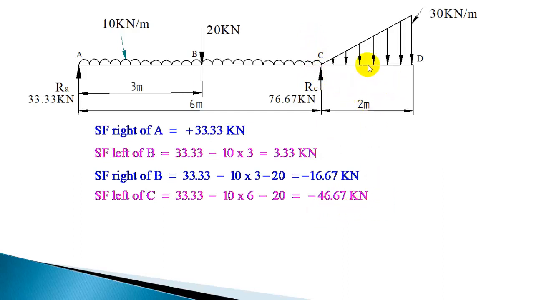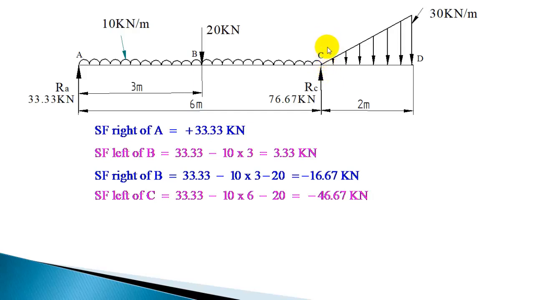Now the UVL also you have to consider at either end, that is right of C and left of D. Right of C, you have to consider all these loads, but the part of UVL added will be negligibly small.